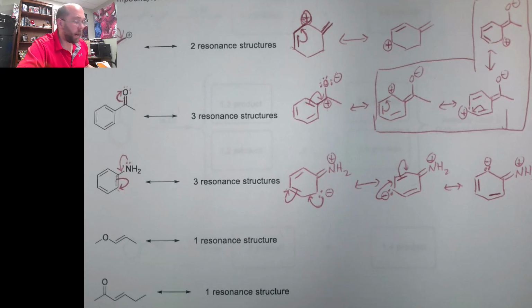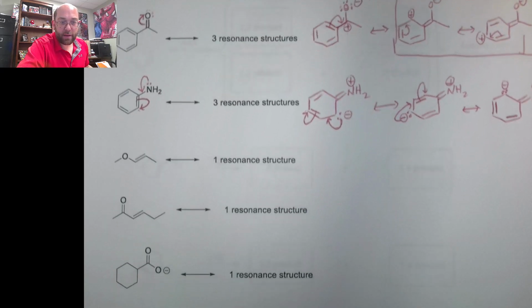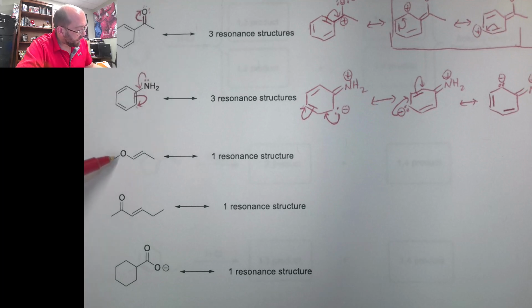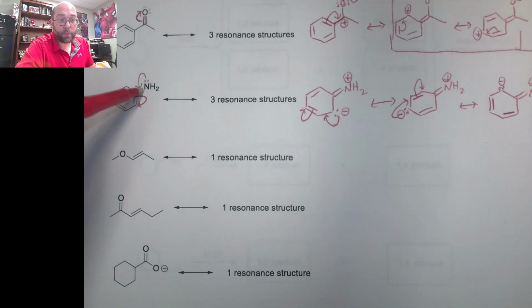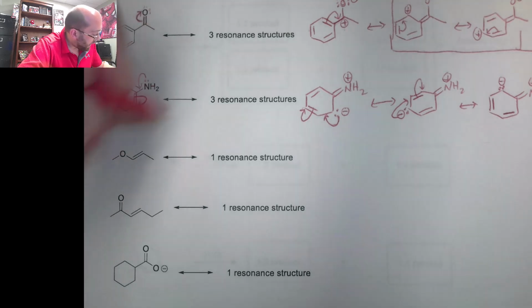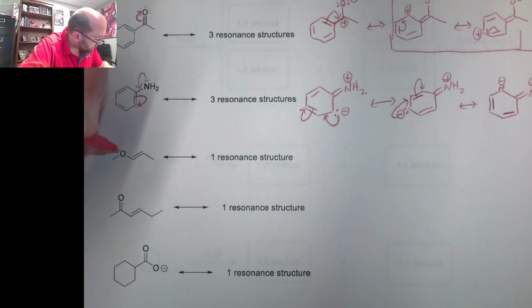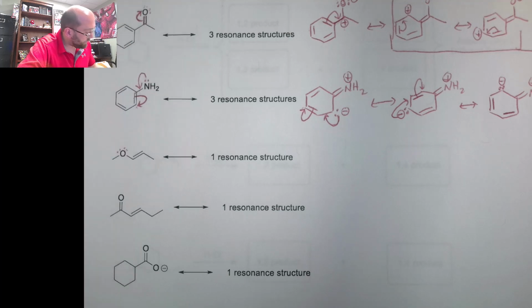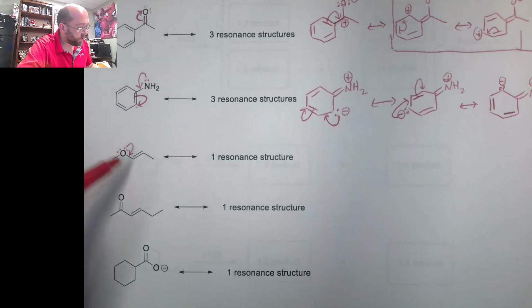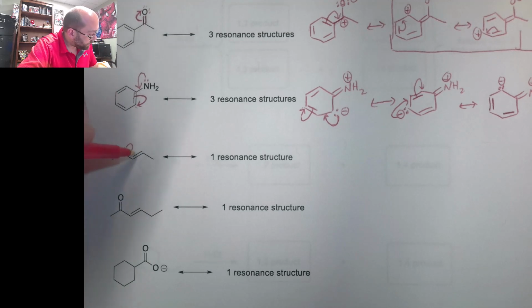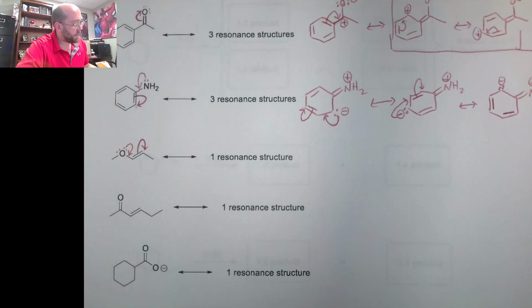Okay, all right. Next up, we have this ether alkene functional group. So here's your ether, there's your alkene, and so very similar to what we saw with the nitrogen's lone pair. Oxygen here has two lone pairs. And one of its lone pairs can actually move this way in the direction of the double bond and then force this double bond out, or force the pi bond out as a lone pair.